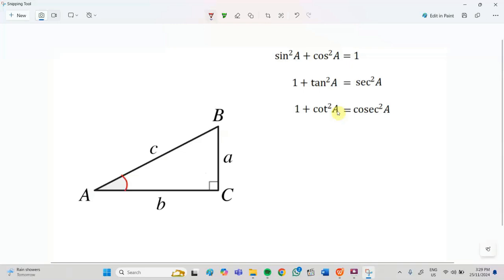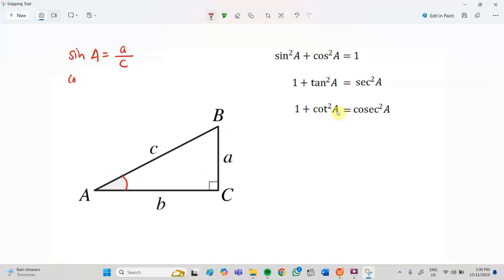Then for this angle, sine of angle A will be the opposite side, which is a, over the hypotenuse c. For the cosine of A, it will be the adjacent side, b, over the hypotenuse, b over c. And for tangent of A, you will have the opposite side over the adjacent side.